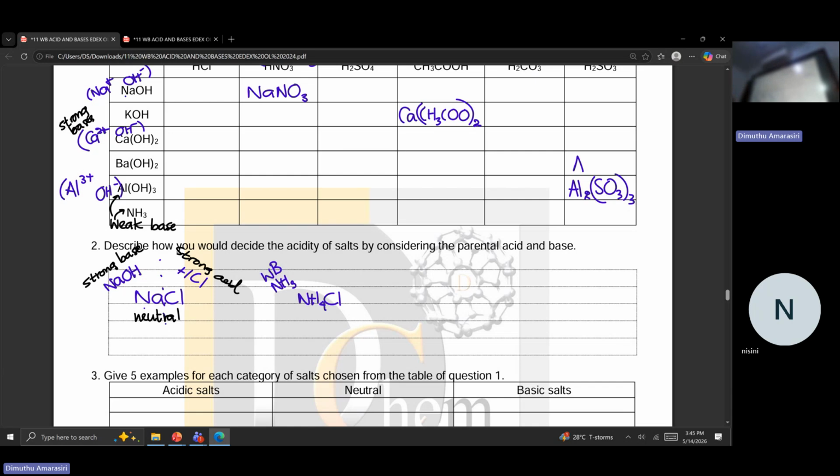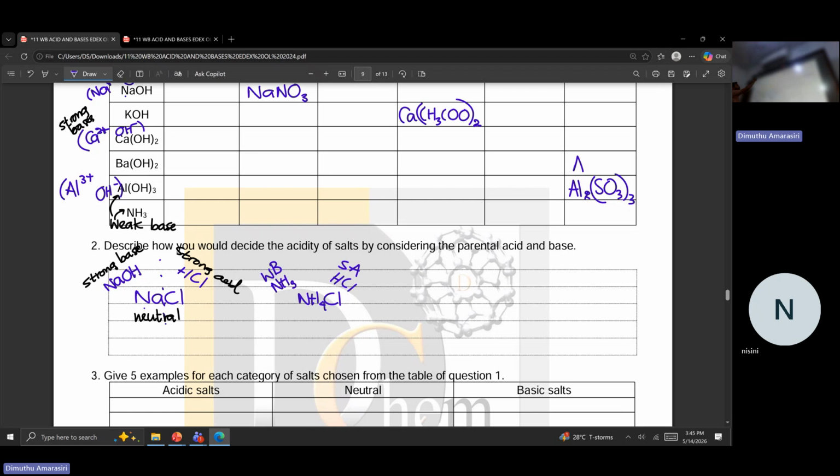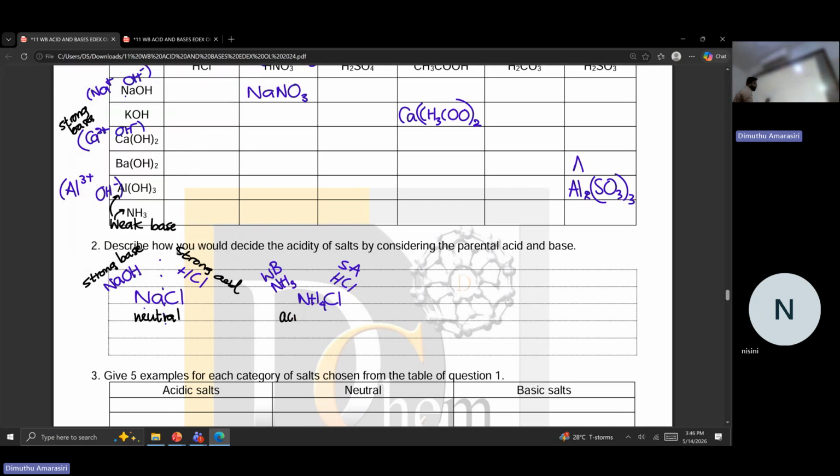Chloride is coming from hydrochloric acid. Hydrochloric acid is a strong acid. Then weak base and strong acid. What properties should remain? Acidic, acidic is right. Therefore, ammonium chloride is what kind of salt? It's an acidic salt.